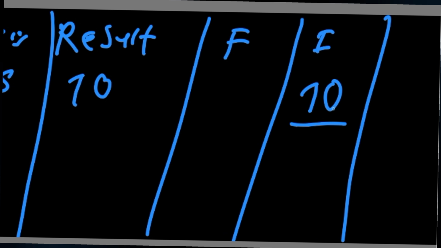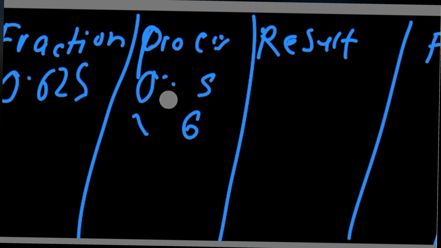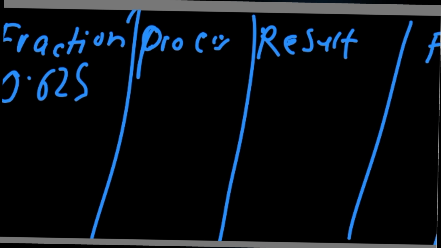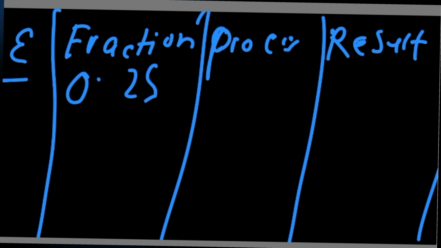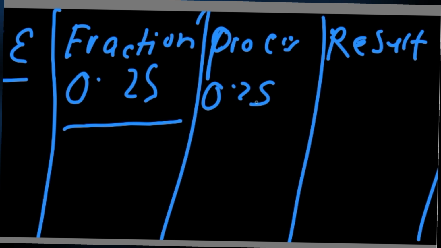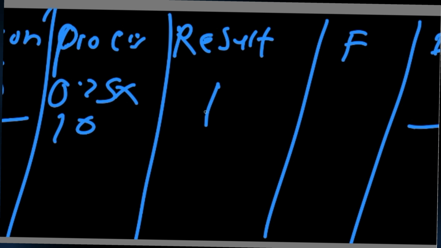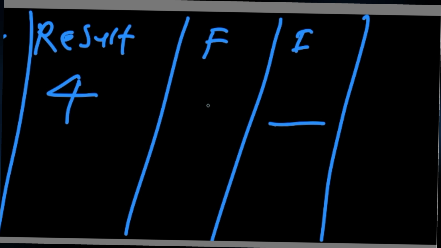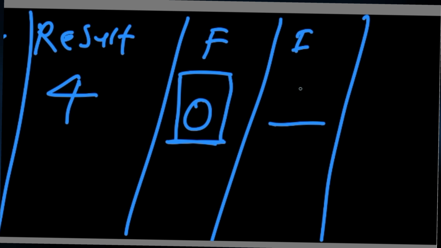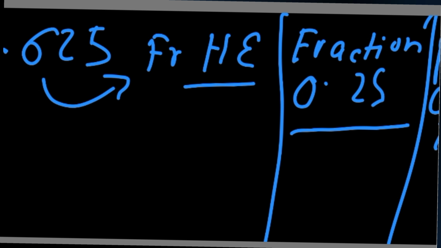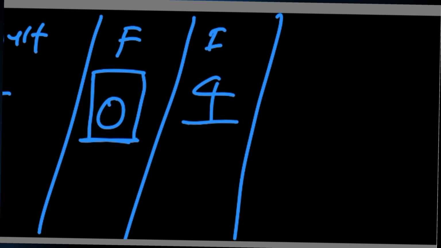But let's say I have a smaller number, 0.25. 0.25 multiplied by the base number would give us 4. If you multiply the fraction part with the base number and it gives a perfect result like 4 with no fraction, we go until there is a 0 fraction, and that would be the answer.